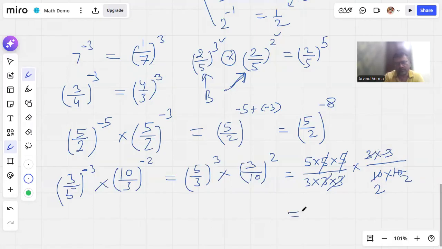So we get 5 upon 3 into 2 into 2, that is 12. This is our answer.